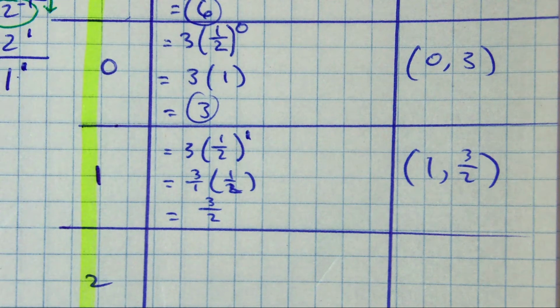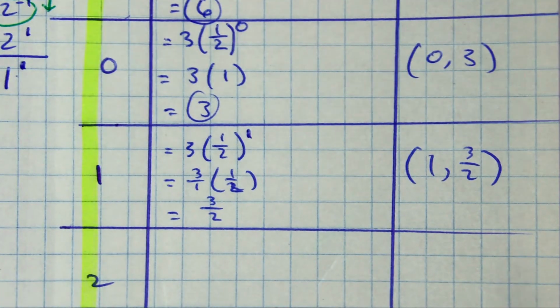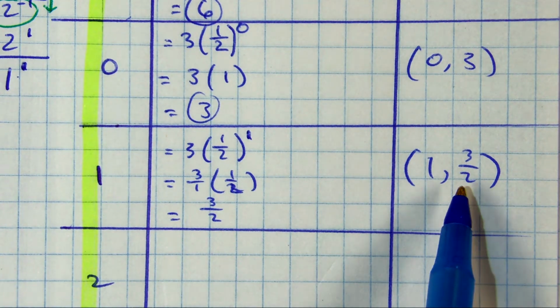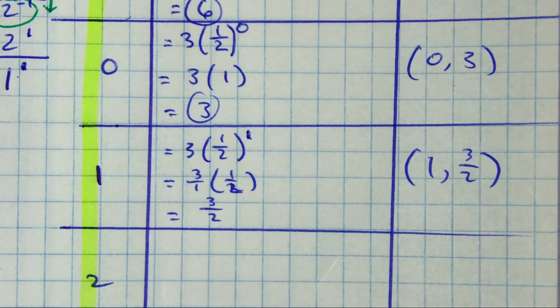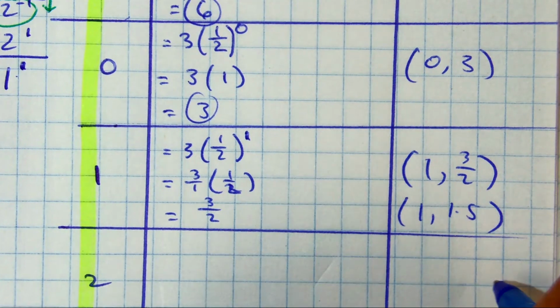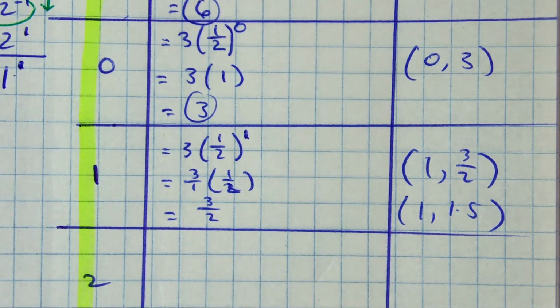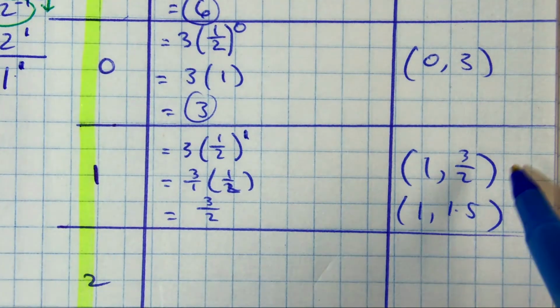Now, for those who struggle with the number sense, years ago I had a student tell me, I said, what's 3 halves? And they said, it's a number between 2 and 3. You and I have $3. We split it. How much is it? $1.50, 1.5. So I like decimals to help you with that number sense, so you're not like that student who thinks that 3 halves is a number between 2 and 3.